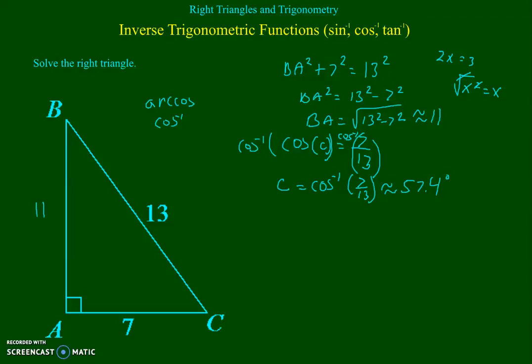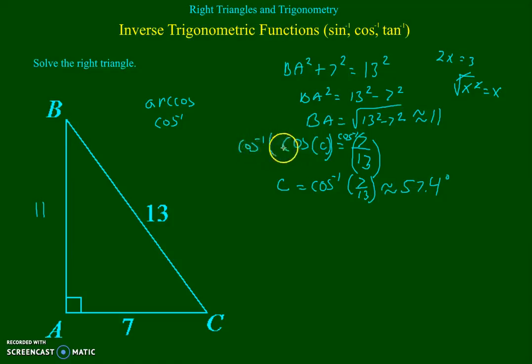This is part 10 of the series Right Triangles and Trigonometry, and we're continuing on with the example we started in the last session. We're solving a right triangle and finding the measure of angles using arc functions. In this case, we had the angle C that we were looking for, and we ended up having to use the arc cosine function, which is the inverse of cosine.